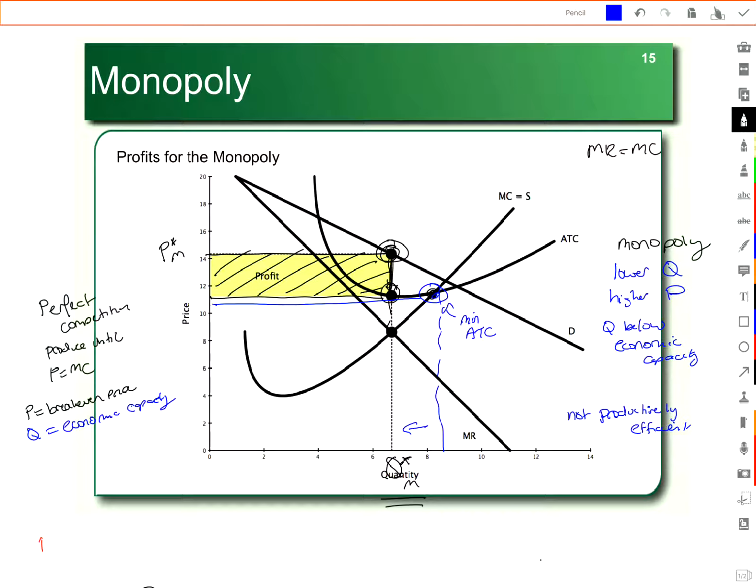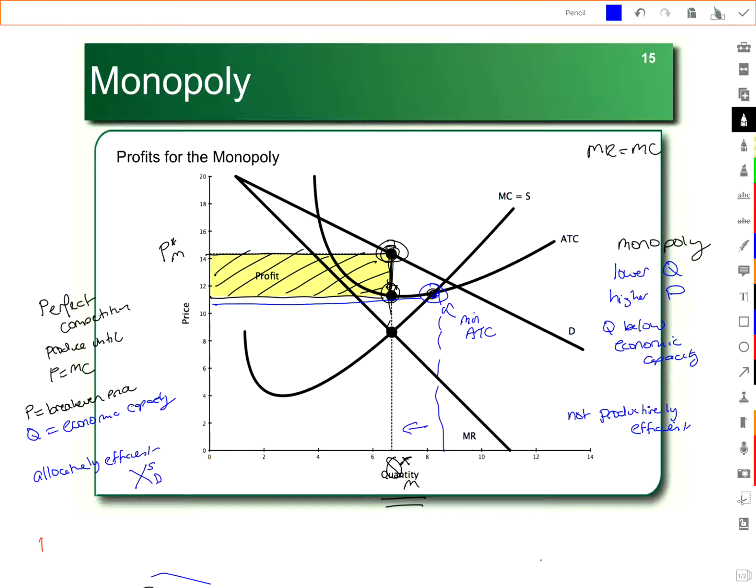Is the monopoly allocatively efficient? Well, what does it mean to be allocatively efficient? Use your scarce resources to produce what customers want the most. Perfectly competitive markets, we knew they were allocatively efficient because that's where demand and supply intersect.